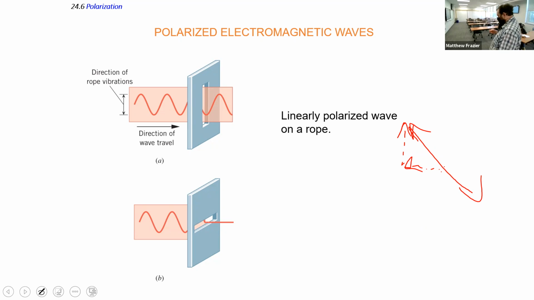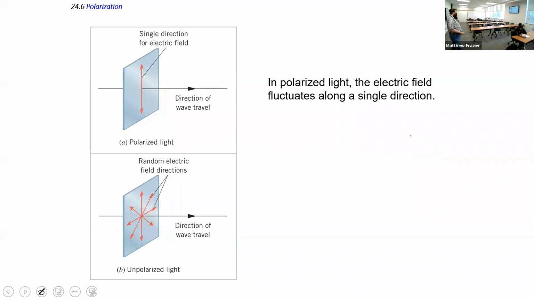So we can do that with light, and we can do it with particular materials. For polarized light, we've selected out the electric field to oscillate along a single direction. The magnetic field will be perpendicular to this in principle. For unpolarized light, the electric field is in all directions.